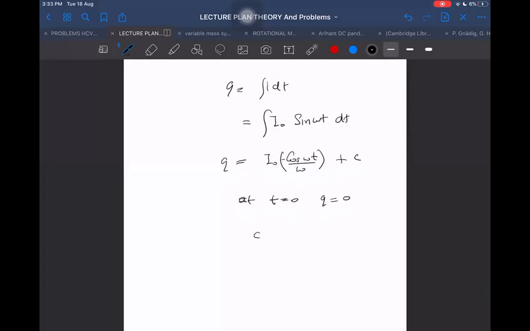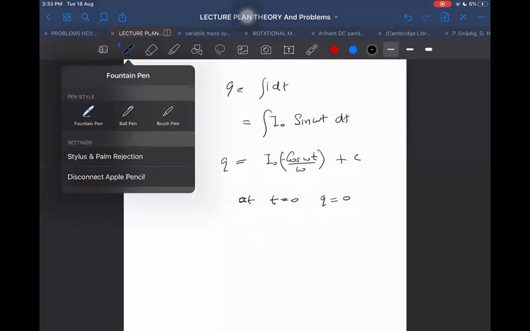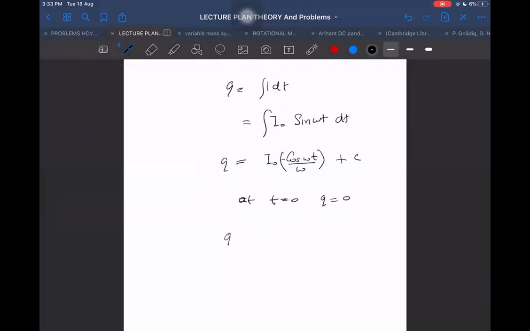I think I should have done this only. It will not be sine omega t. It will be something else. That was my mistake. What is q coming out to be? Q was I naught into cos omega t by omega minus, plus c. Q is 0, so I'm getting c is equal to I naught by omega.